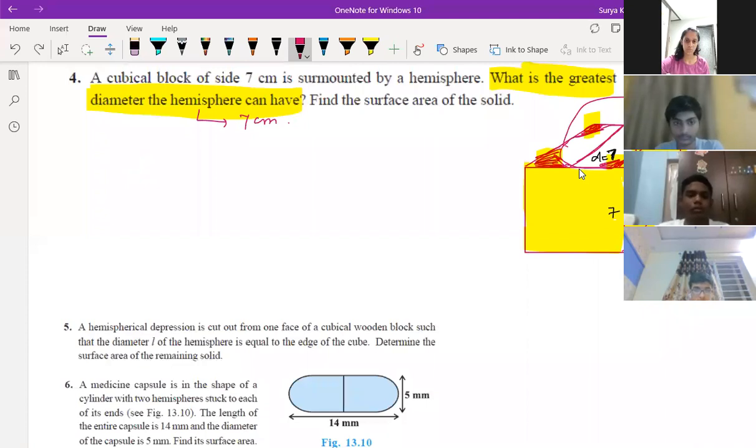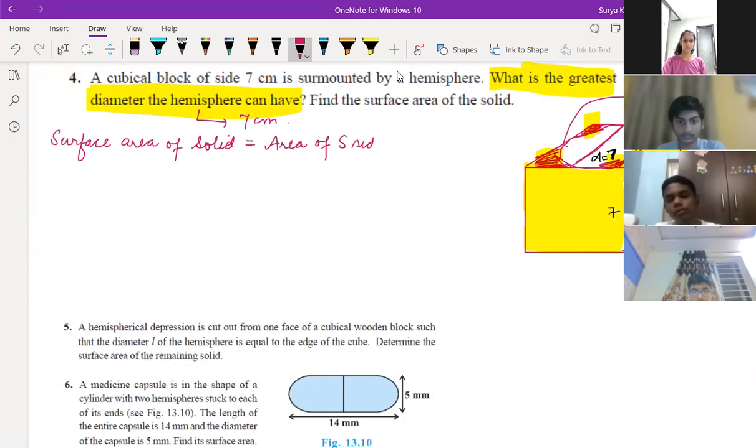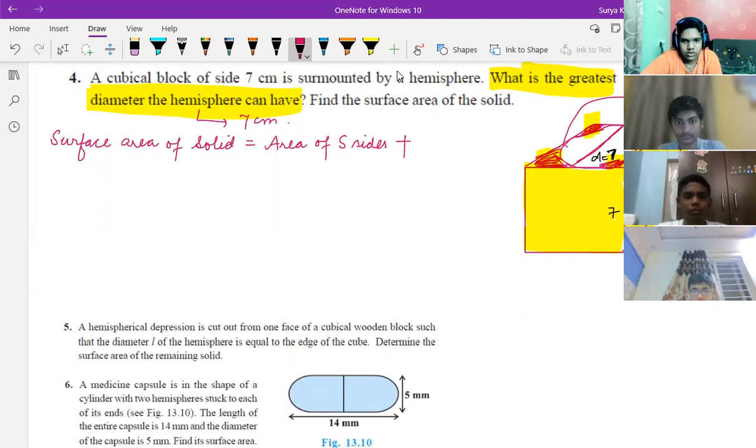I'm writing here surface area of solid is equal to area of 5 sides, plus the top part, what you can see, CSA of hemisphere, right?